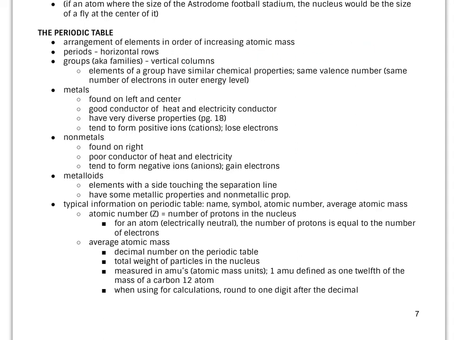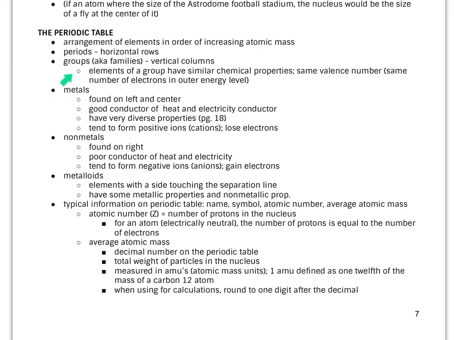And then the groups or the families. Typically I'll refer to them as groups, and a lot of people will, but they are also known as families because they have similar properties. Those are the vertical columns. They go up and down. So I'd recommend that you have your handy dandy periodic table out in front of you so you can be looking and following along.